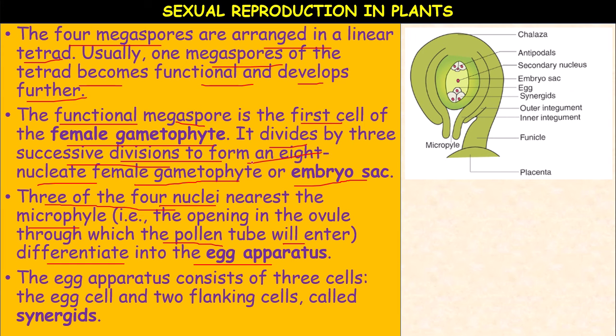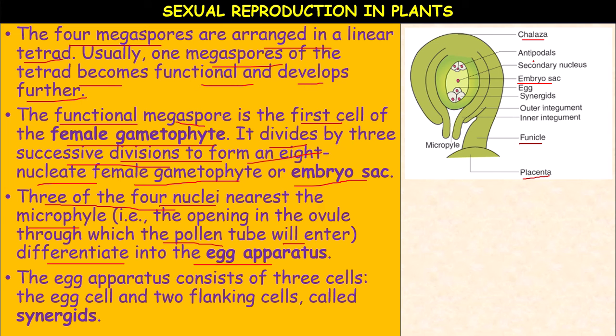See here, this is a typical ovule. It has a cushion-like structure, the placenta. On the placenta is the stalk of the ovule, called the funicle. The body of the ovule is called the chalaza. The tissue present in the ovule is called the nucellus. And this is the embryo sac in the middle.